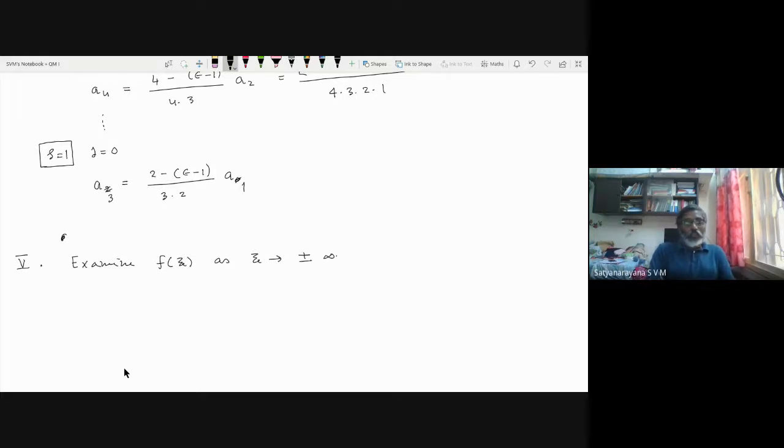For that, see, because j is running from 0 to infinity, let's look at a 2j plus 1 divided by a 2j as j goes to infinity.